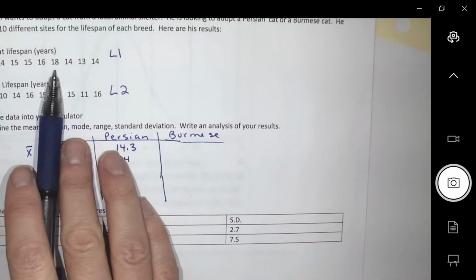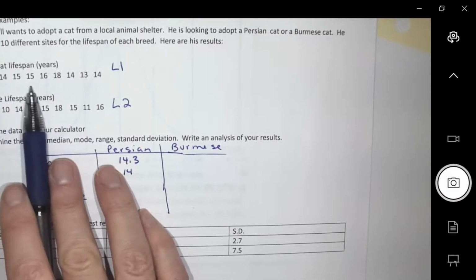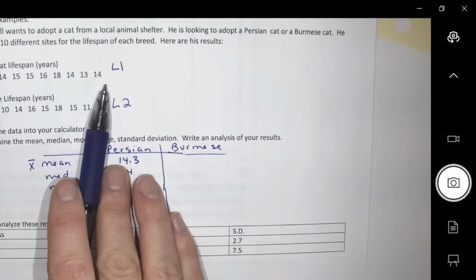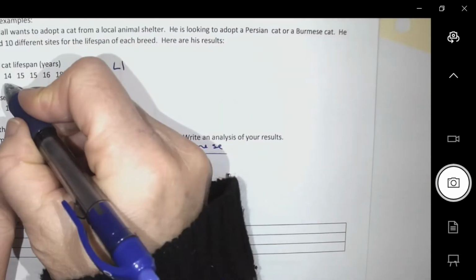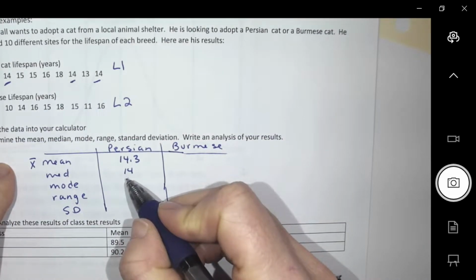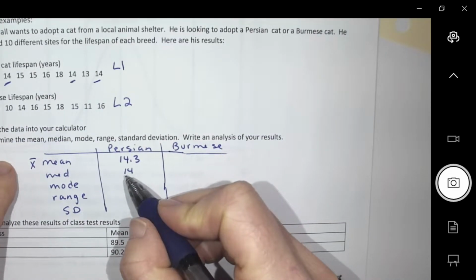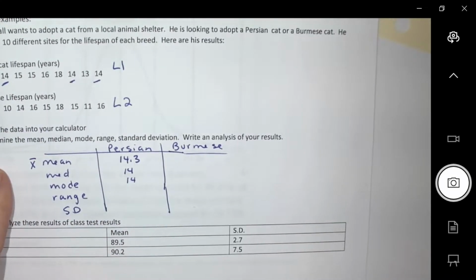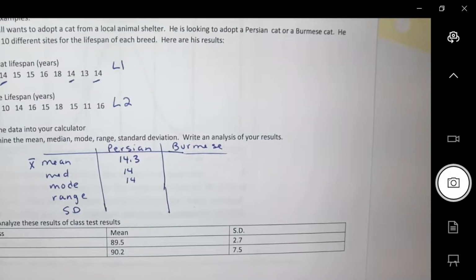I think we can just quickly look with our eyes here. Is there something that occurs the most? 14. There's 3 of them, isn't there? I got 2 15s, so 14 beats it. I think, right? Yeah, I'm just looking at the Persians right now.